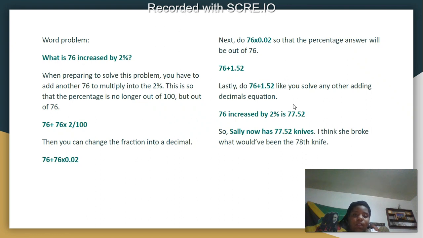Now you have to do 76 times 0.02 so that the percentage answer will be out of 76. You could also leave the problem as a fraction if you want. Just remember that 76 times 2 over 100 would be written as 76 times 2 on the top, and then on the bottom it would be 1 times 100.